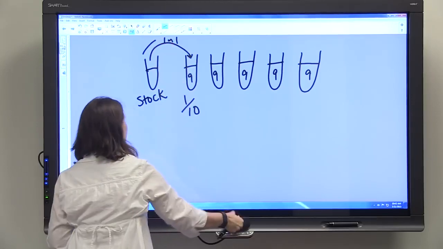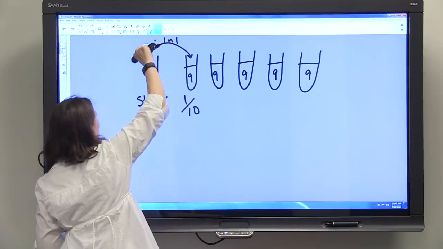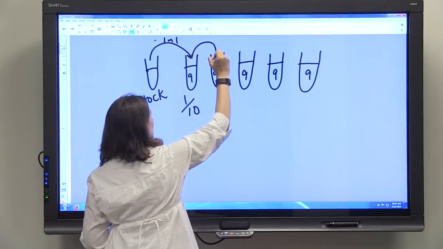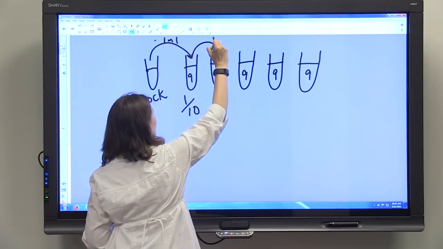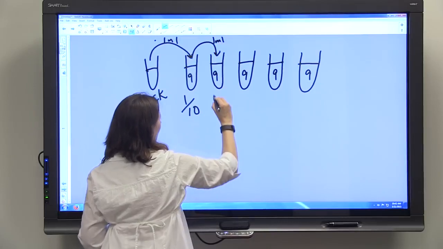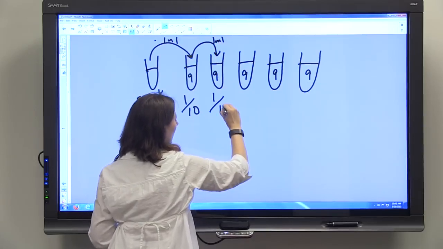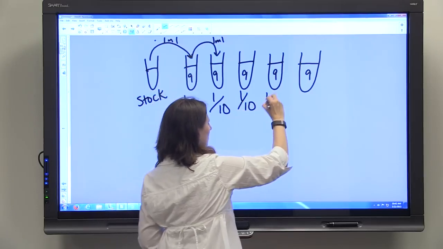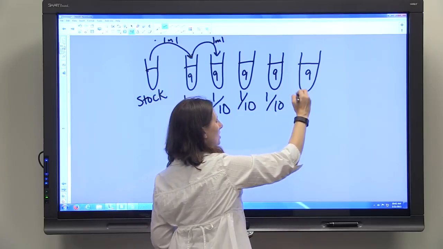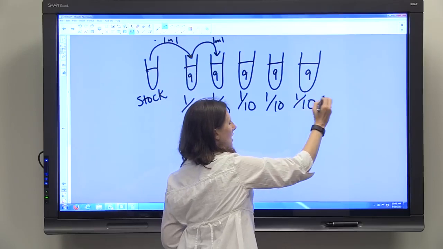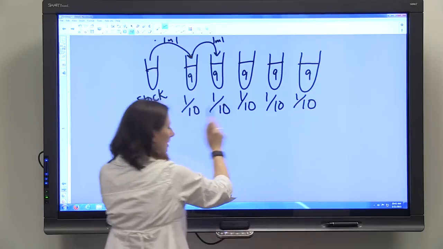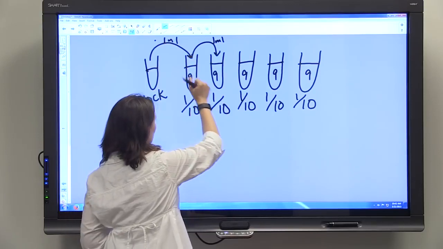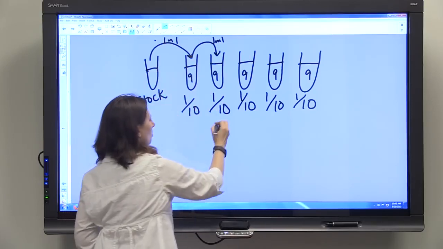You mix that well and add 1 mL. Again, each time we're going to add 1 mL to 9 mLs for a total of 10 mLs. Each time your dilution factor is 1/10, but each time you're diluting your original concentration more.